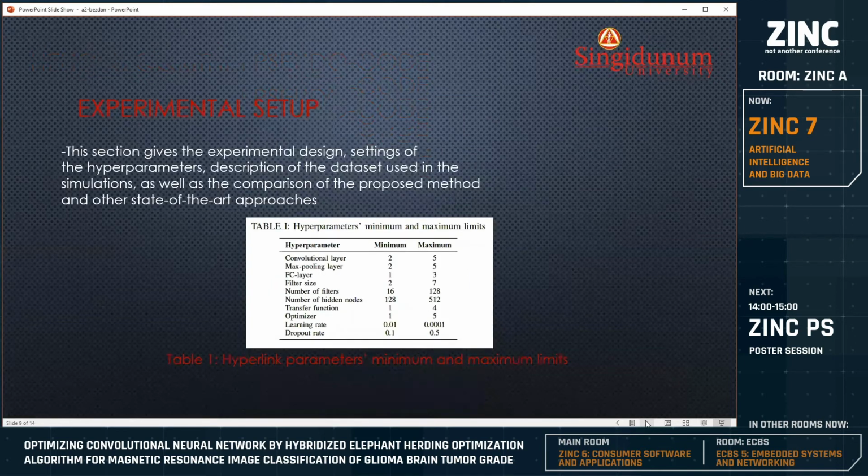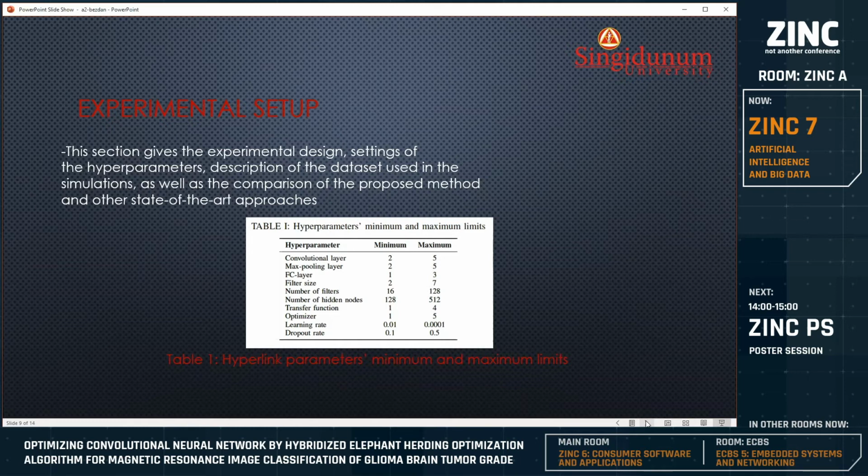So here, this is just looking at the experimental setup and how we went about looking at the actual parameters of the minimum and the maximum limits of the following layers and sizes. Here we can see that there are a couple of differences, especially when it came to filters and the hidden neurons.